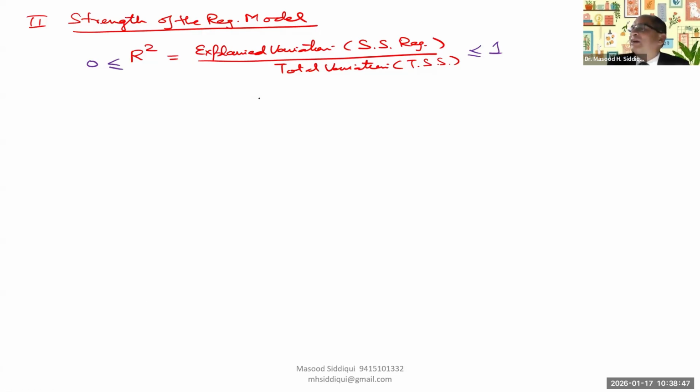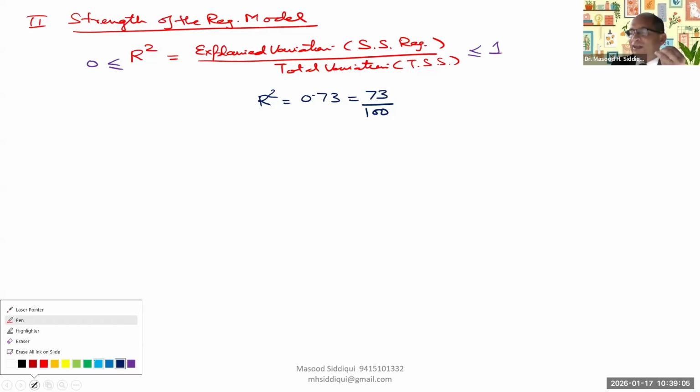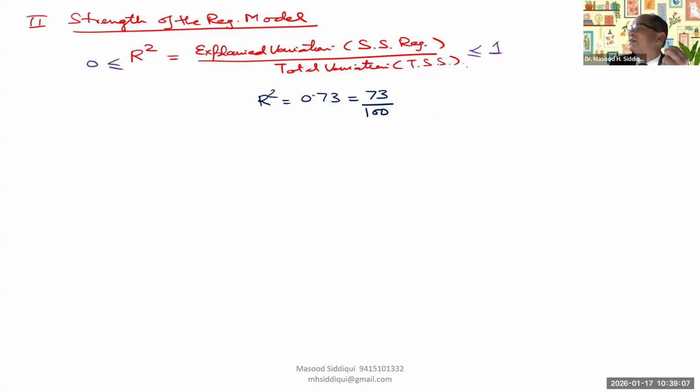Now we are going to discuss the value. As per the output I will be showing you, our R square comes out to be 0.73. 0.73 means 73 upon 100. If we connect with the earlier formula, it means if the total variation is 100, the explained variation is 73.